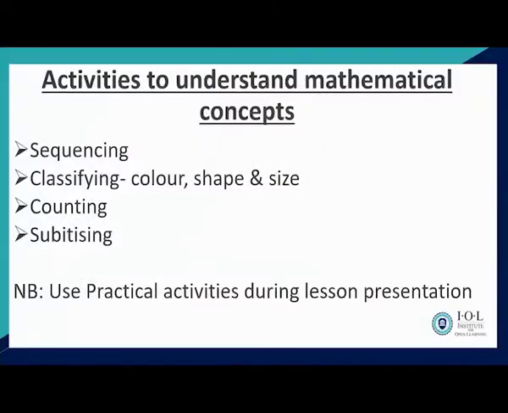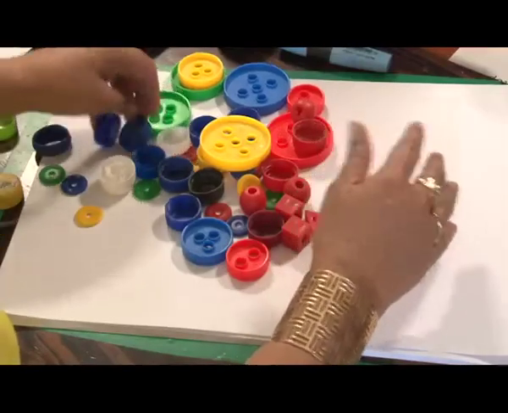Same applies to shape. So now I will find all squares or all circles. So now the learner will, from all my objects that I put in front of him, find something that is round.